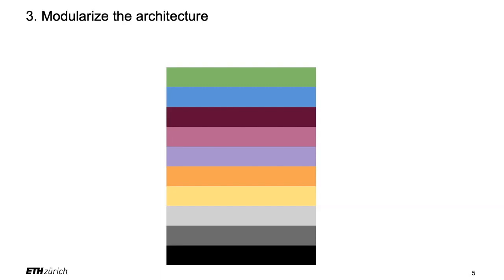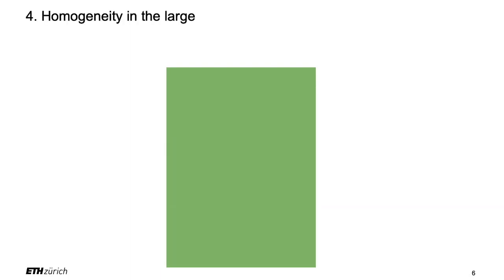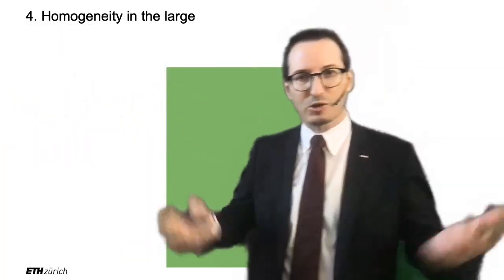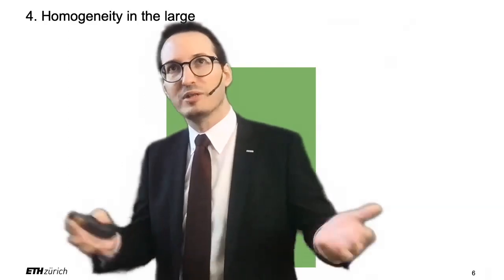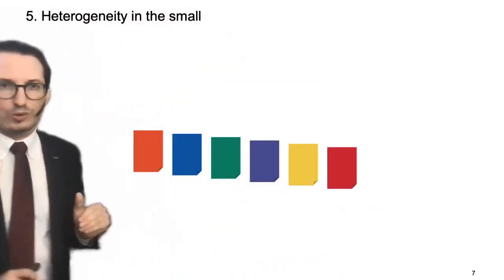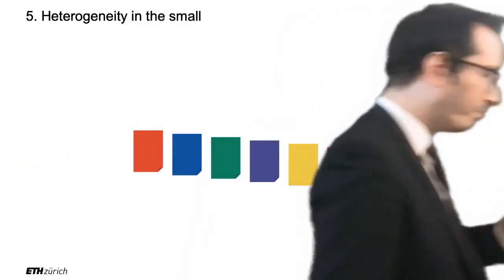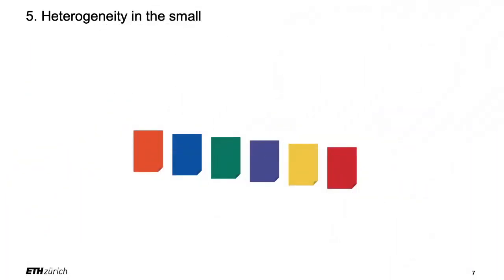Probably as computer scientists, this is very natural to you because this is a concept that is everywhere in computer science. The fourth principle is homogeneity in the large, in the sense that at the very high level, you want billions or trillions of things that, if you zoom out, all look alike. But then you want heterogeneity in the small: every individual object or value that you look at is going to have characteristics and peculiarities of its own.